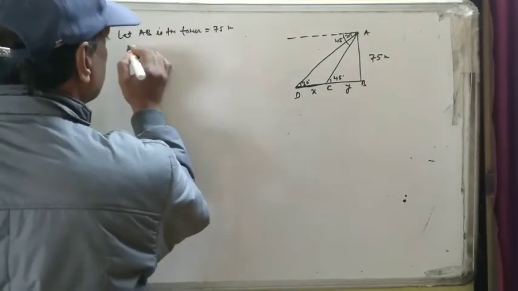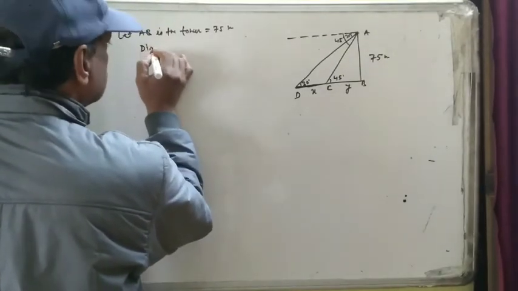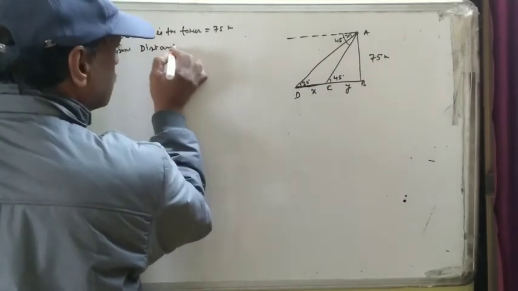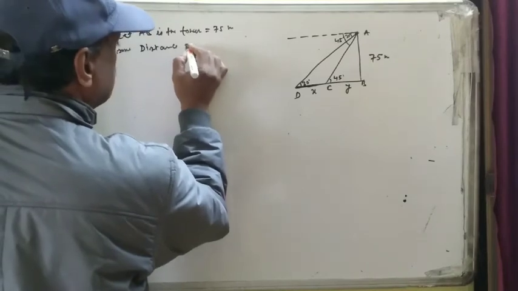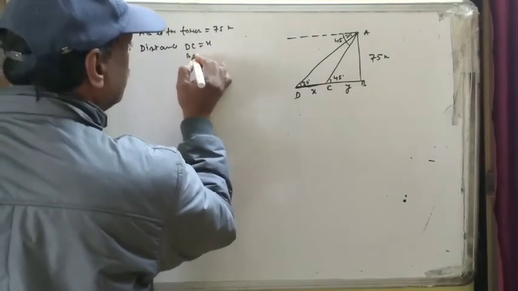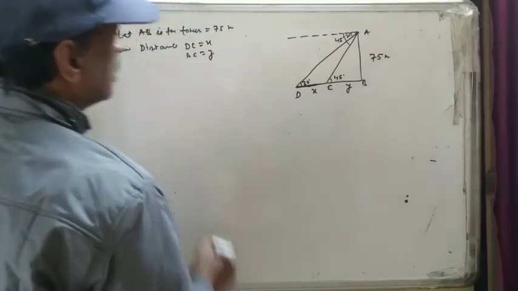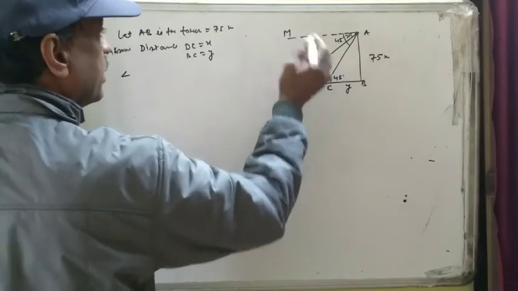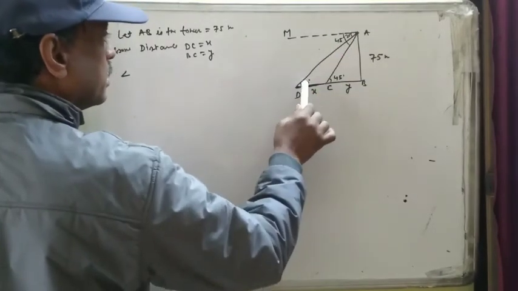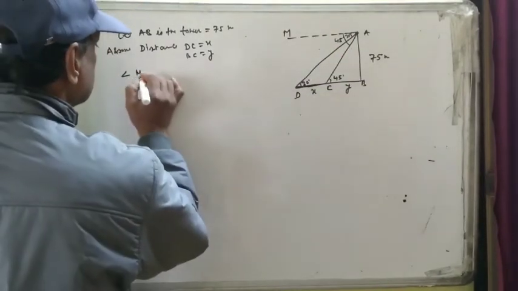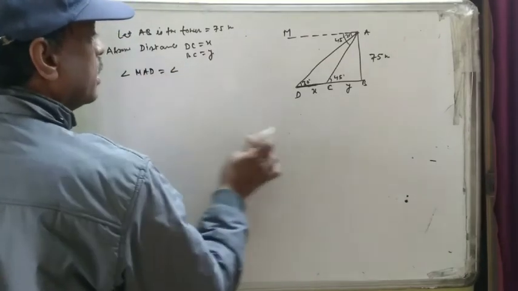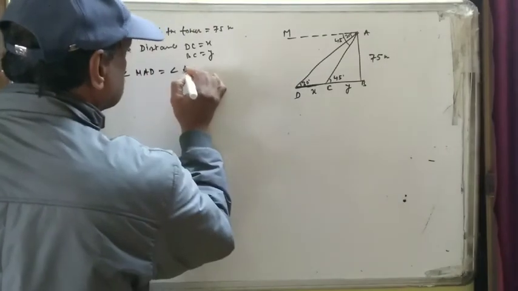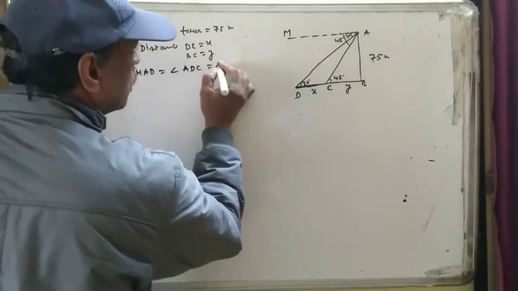Also, assume distance DC equal to x and BC equal to y. Angle, this angle, let us have here MAD equal to angle ADC equal to MAD.